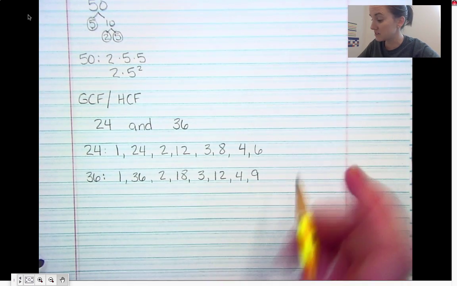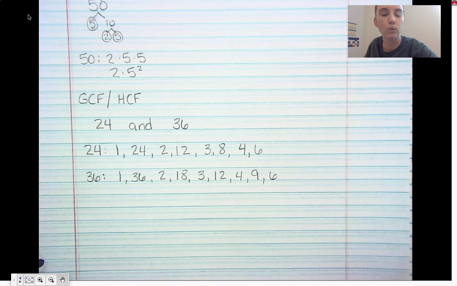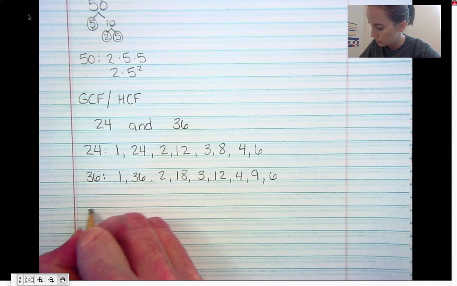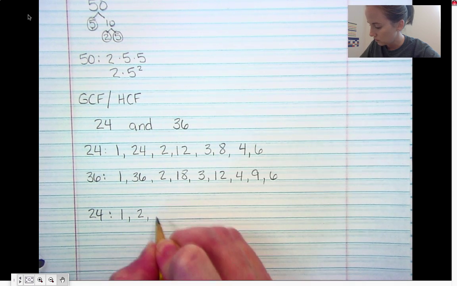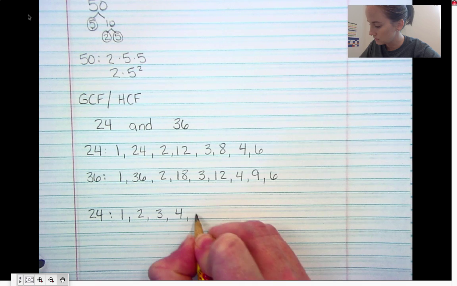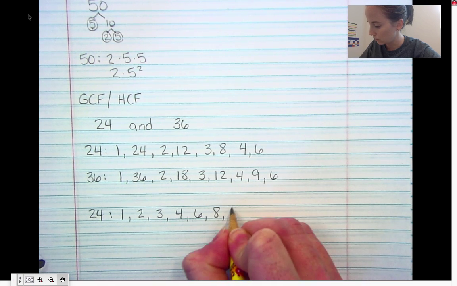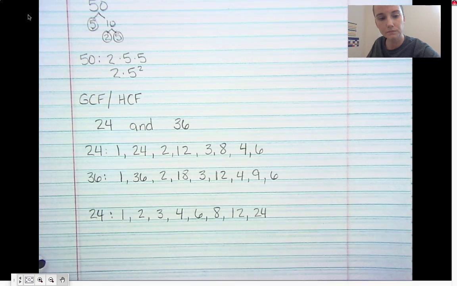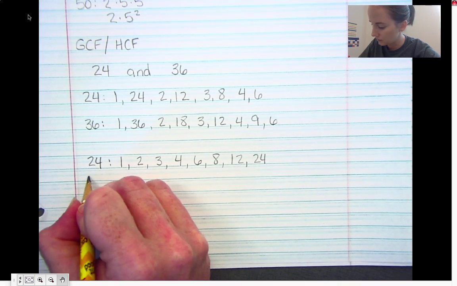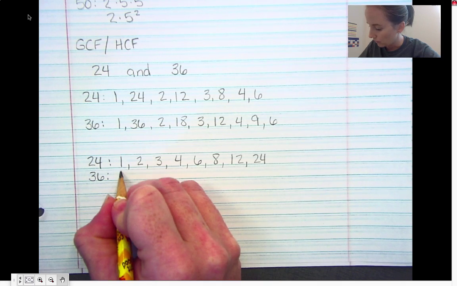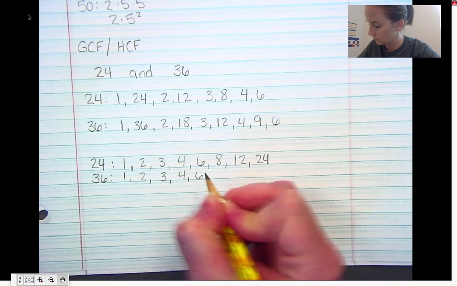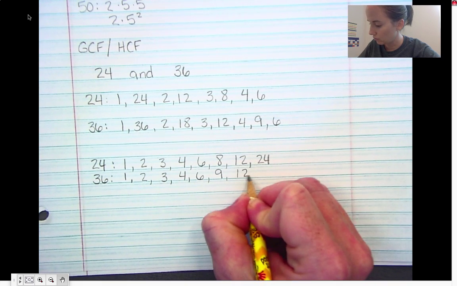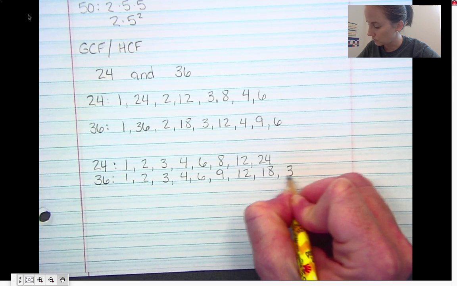There is no 5, but there is a 6 times 6. We only have to write it down one time. Now, put them in order from least to greatest. So for 24, the factors are 1, 2, 3, 4, 6, 8, 12, and 24. And for 36, in order, 1, 2, 3, 4, 6, 9, 12, 18, and 36.